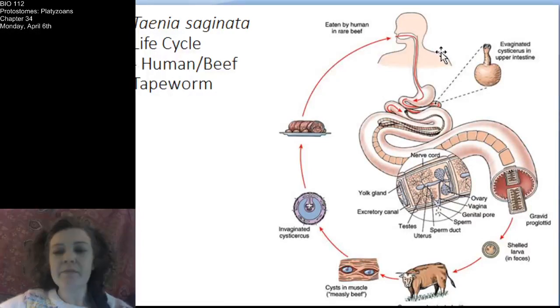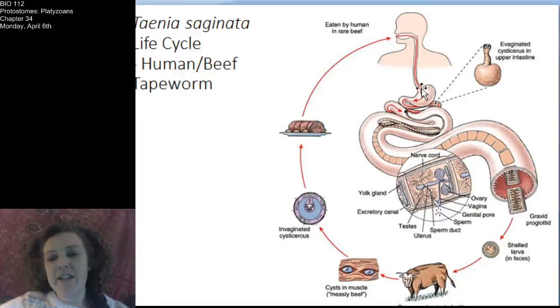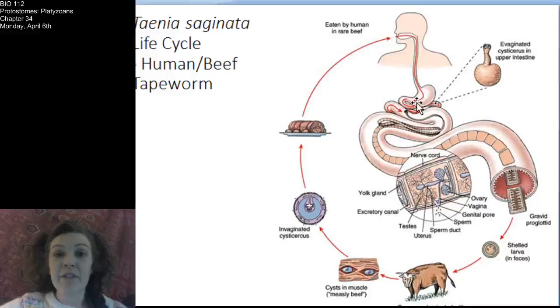Okay, so anyway, you eat that meat, all right? And here's the thing: these worms have, like I said, a cuticle or a shell around them to keep them safe. Once they get into the intestine, they can attach and mature, and then proglottid production begins.